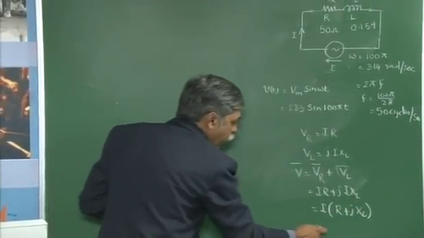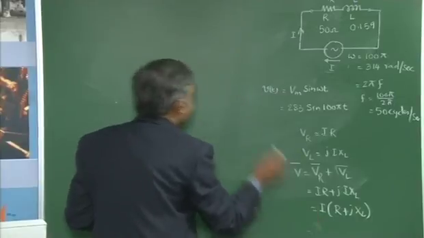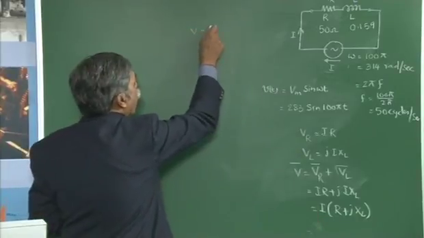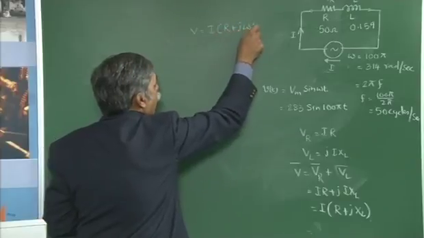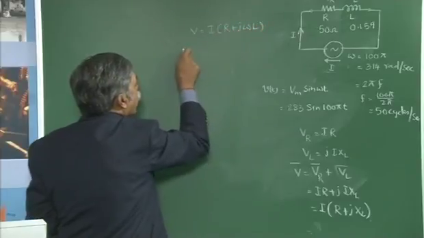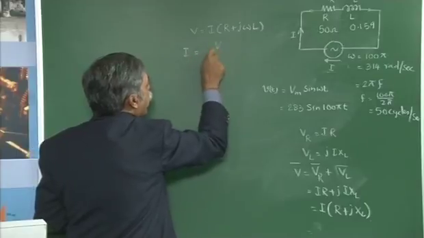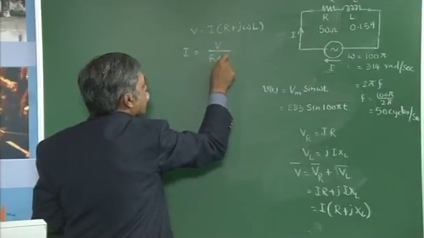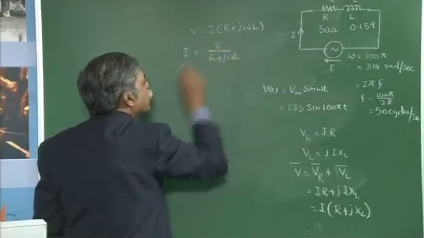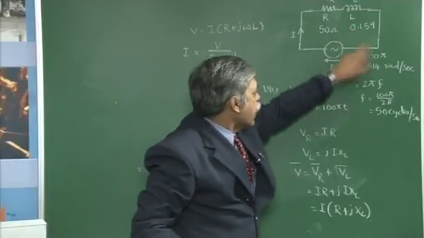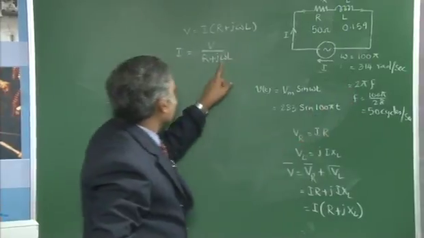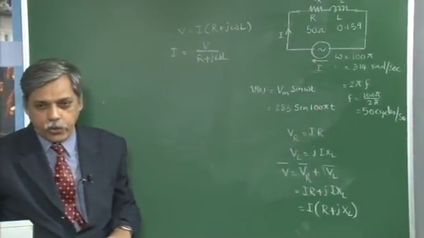So that XL value I can also say, V is equal to I times R plus j omega L, or I is equal to V divided by R plus j omega L. So, unless you take the inductance and frequency, I cannot calculate the current value in the circuit.